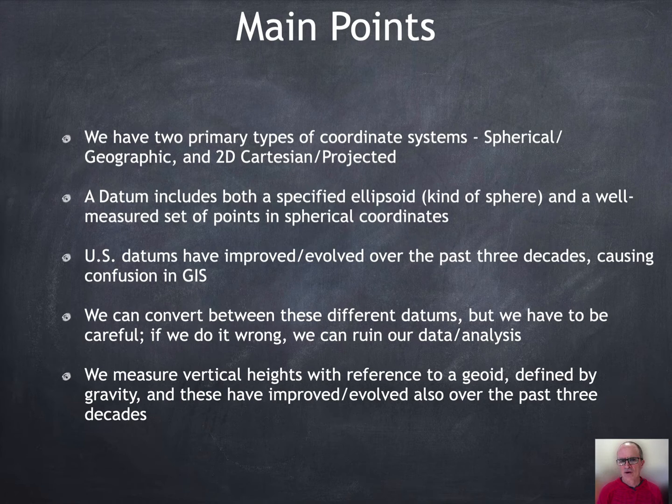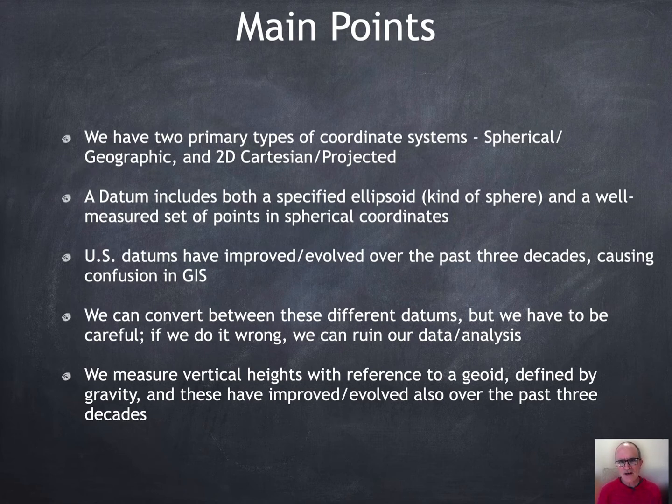Now, we have to know about this because U.S. datums have improved and evolved over time, especially in the past 3 decades with new technology. And so we have a succession of datums, and one datum is different than another in that the set of points are different and their locations, even for the same point, change slightly.